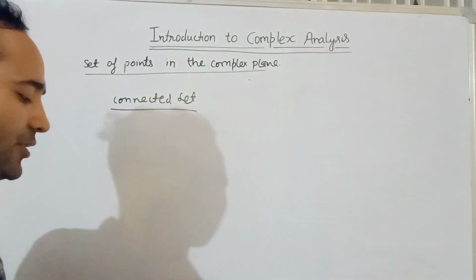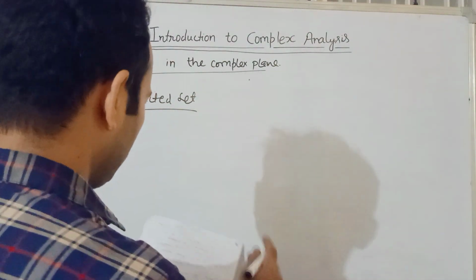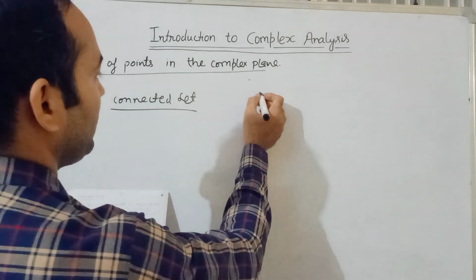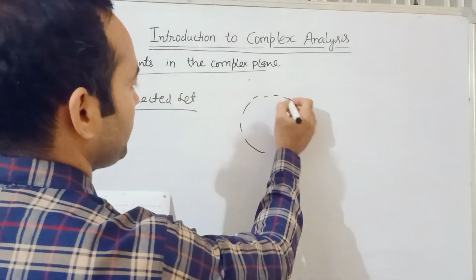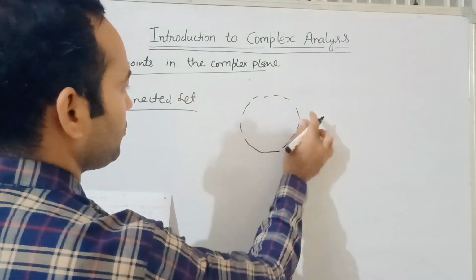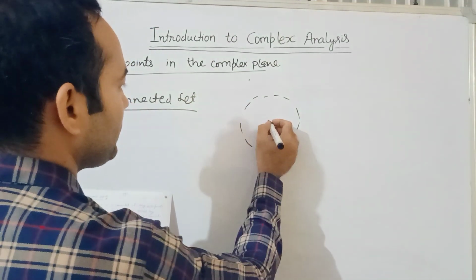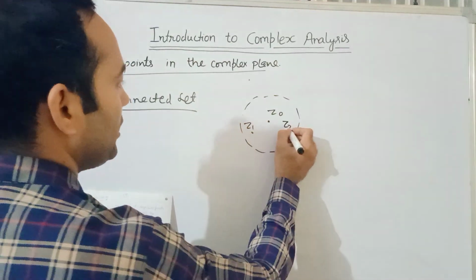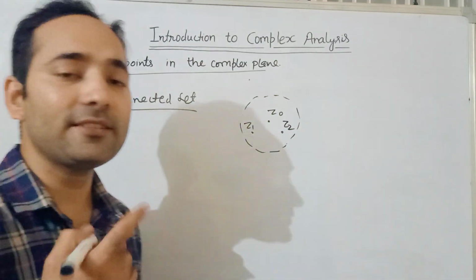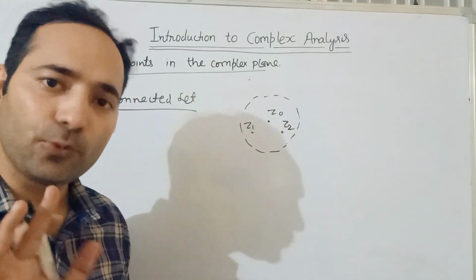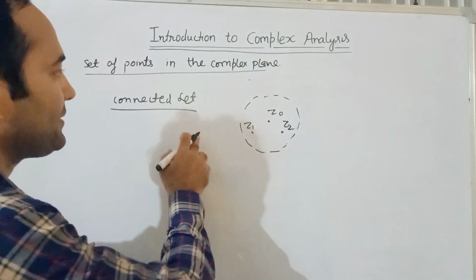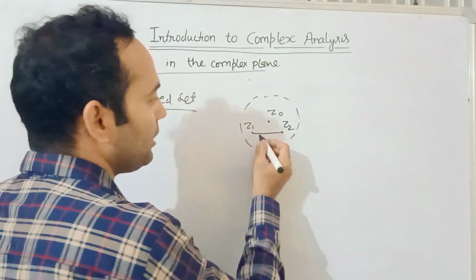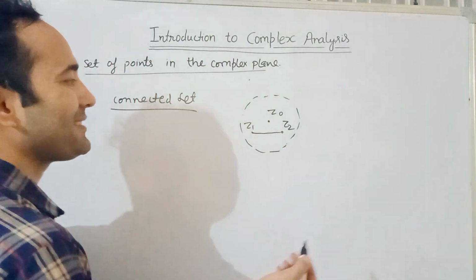Okay, I'll show you by drawing it. So what is connected set? Let's take an open disk, right? This is Z0 of course, and there is point Z1, Z2. So if I take open disk, then that is an open set, right? So connected set is an open set where if you choose 2 points, you can join them by a polygonal line or line segments.